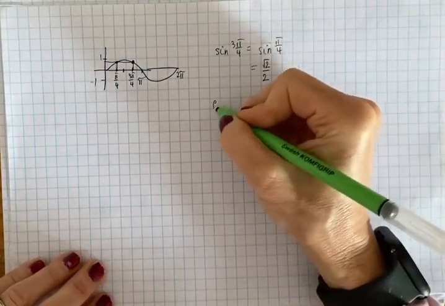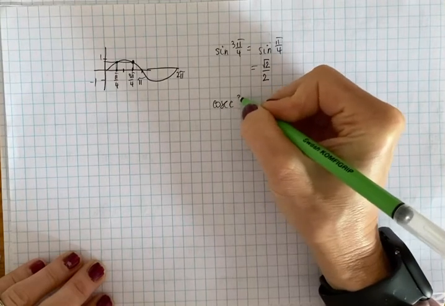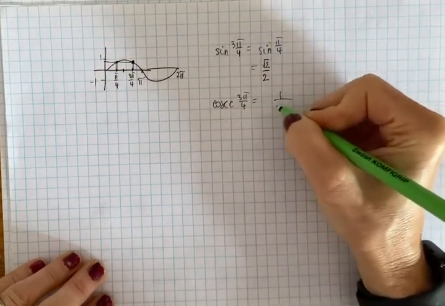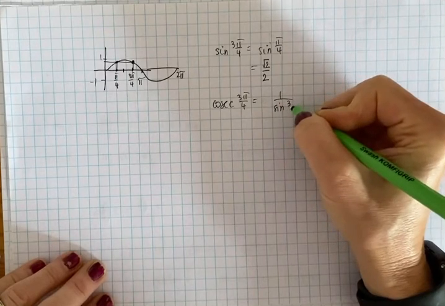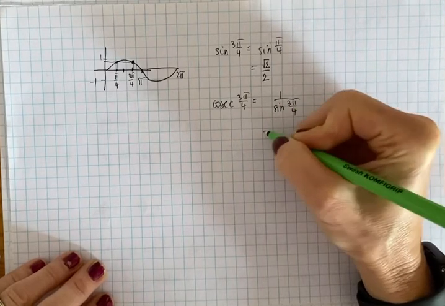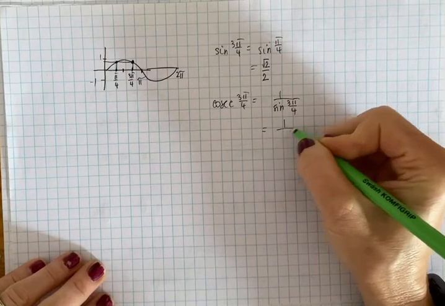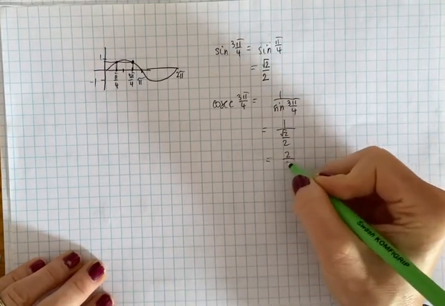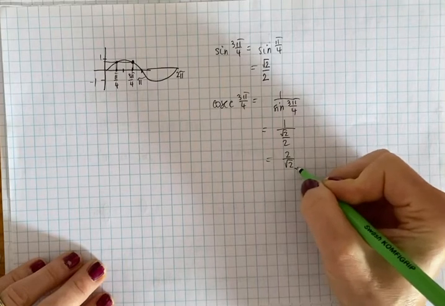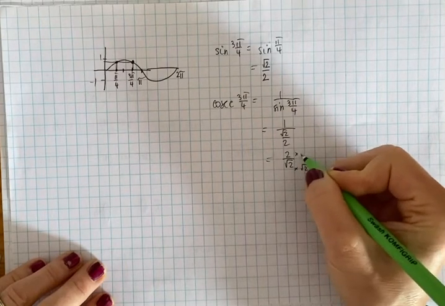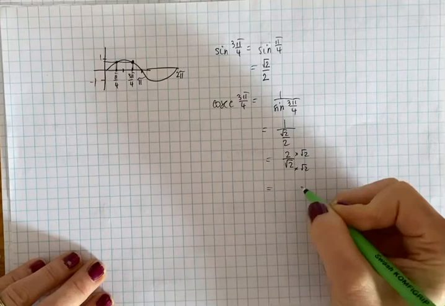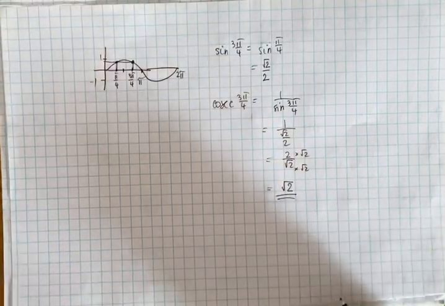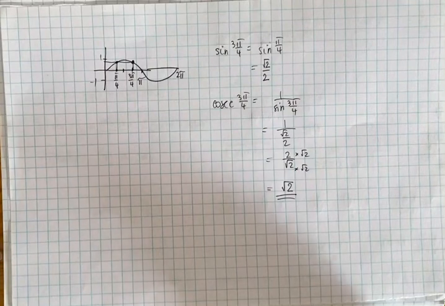So my cosec 3 pi over 4 is 1 over sine 3 pi over 4, and that is 1 over root 2 over 2 flipped, which is 2 over root 2. This one actually I will change into, rationalize the denominator of that, because it's a nice answer of root 2.